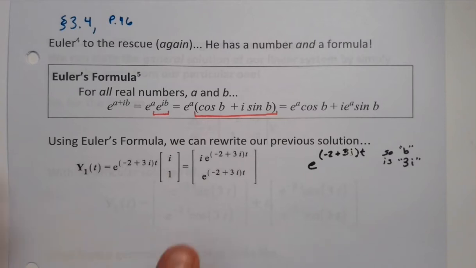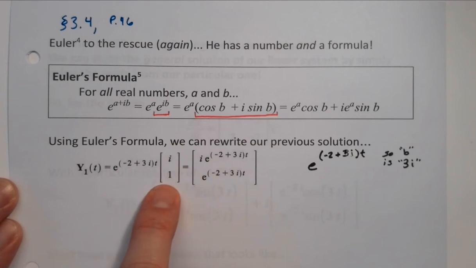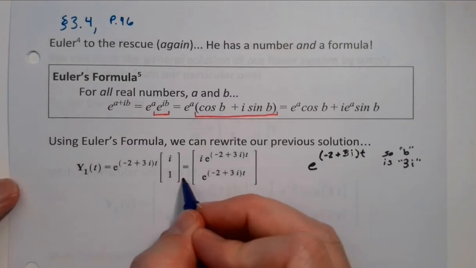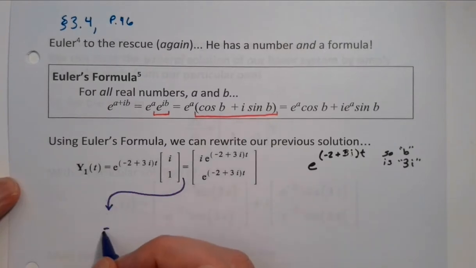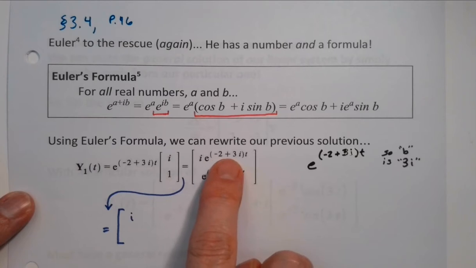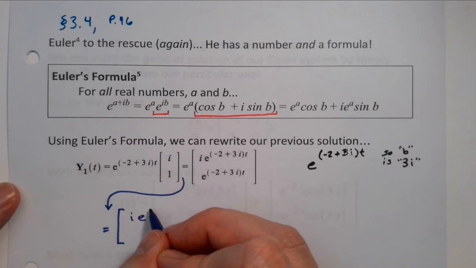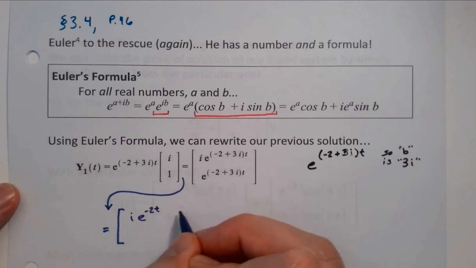What we're going to do is leave this in matrix form, and multiply the exponential through into the matrix, and then expand each one of these using Euler's formula. I'm going to scoot this equal sign over a little bit so that I've got a little room here. In the top, we're going to have i times e to the negative 2 plus 3i times t, and that's going to turn into e to the negative 2t times e to the 3it.